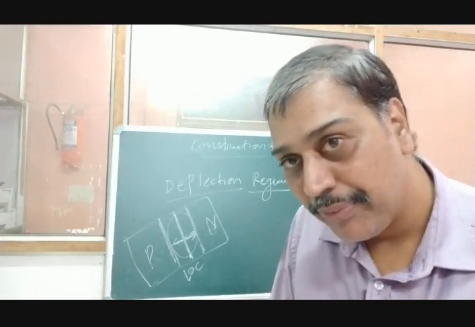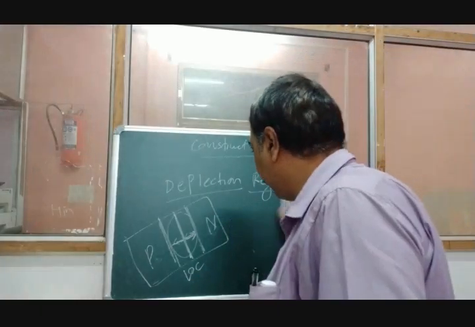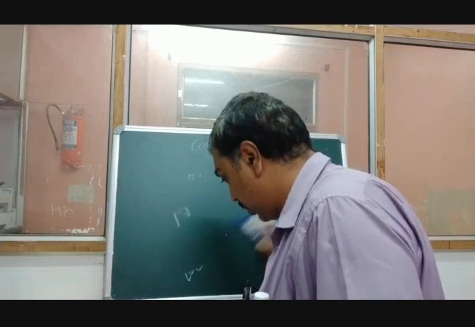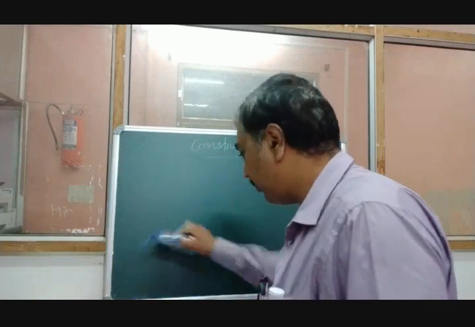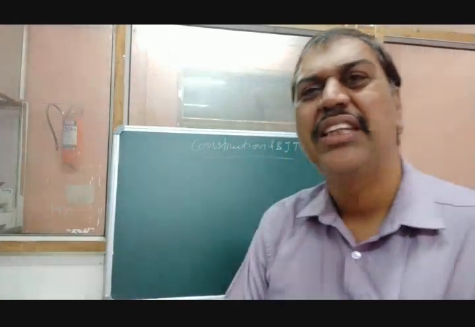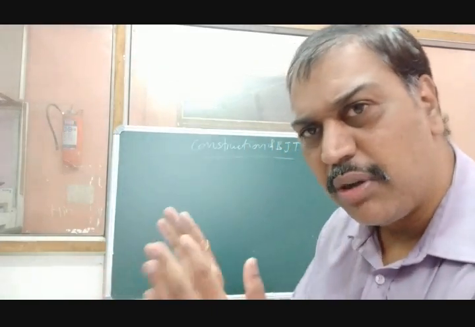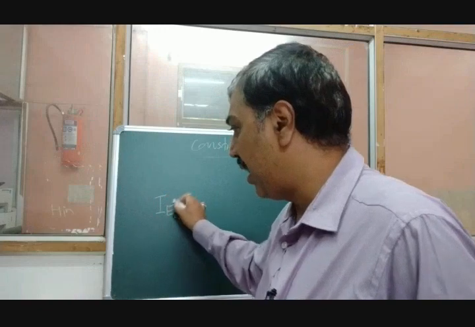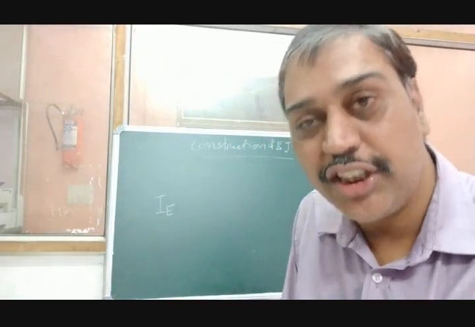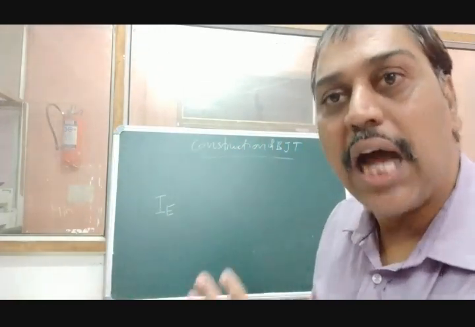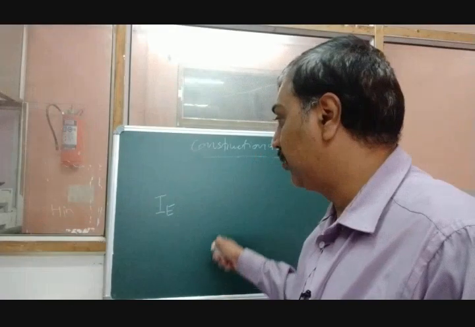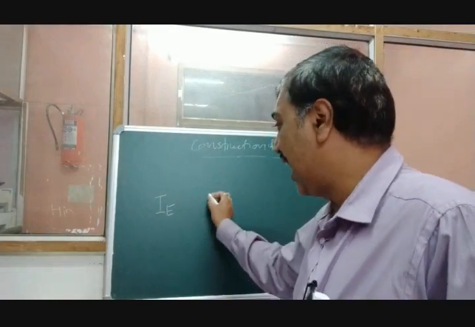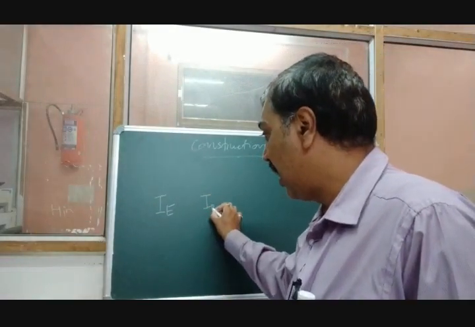Is that clear? Okay. Apart from this, the next topic they have mentioned in your book is current. Current means whatever charges are moving from the emitter to the base will create an emitter current, represented by I suffix E. Charges moving from the base toward the supply will create the base current IB.